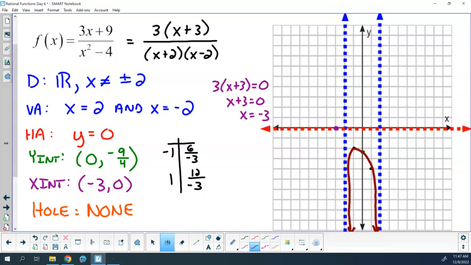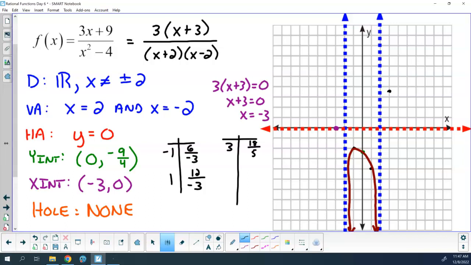Then let's deal with the easy side first. We'll go on the far side. Let's go +3. If I put +3 in there, I get 9 + 9, that's 18, over 9 minus 4, that's 5. That's going to be a little bit more than 3, somewhere up right in there.